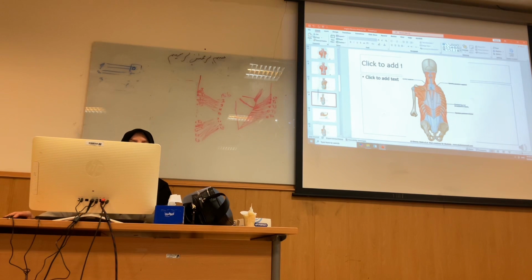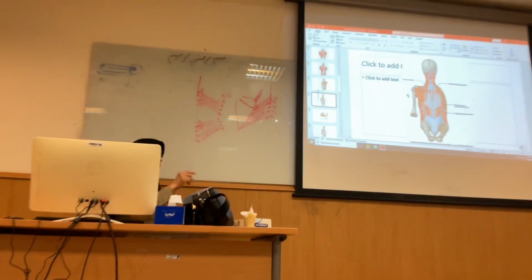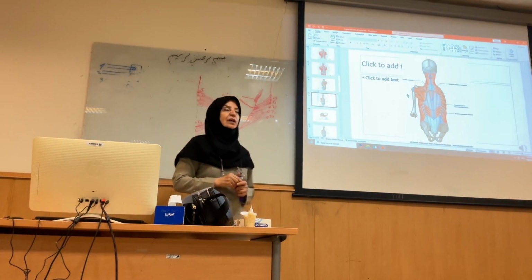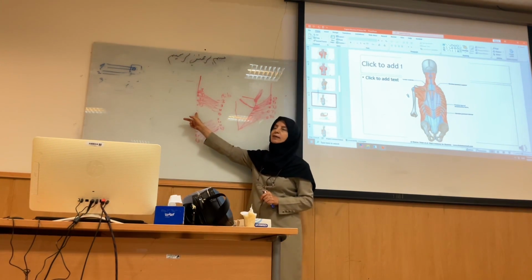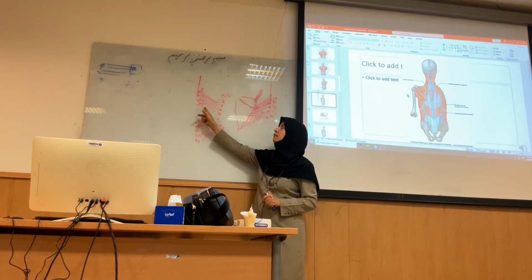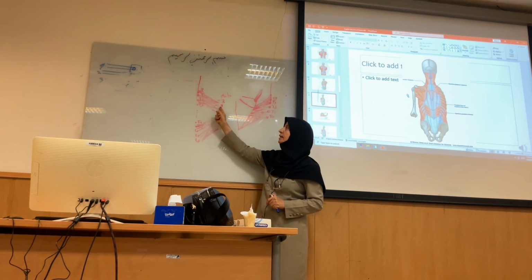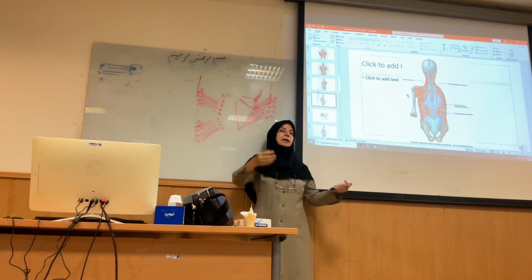The serratus posterior superior and the serratus posterior inferior are going to be innervated by the intercostal nerves. To be able to summarize and keep it in your mind, the serratus posterior superior is going to be innervated by the second, third, fourth, fifth intercostal nerves.